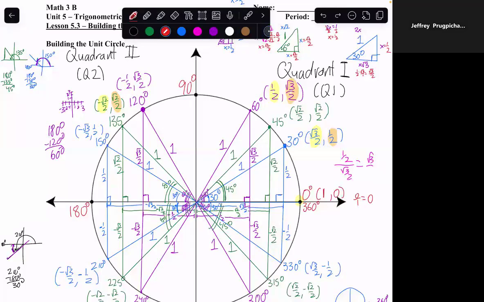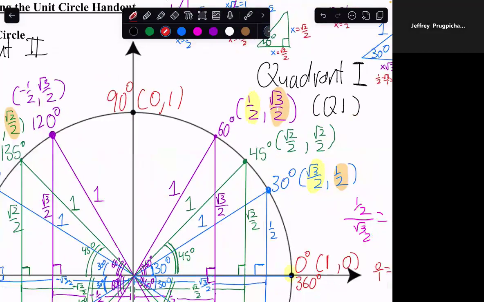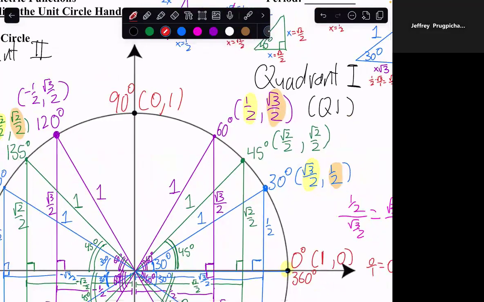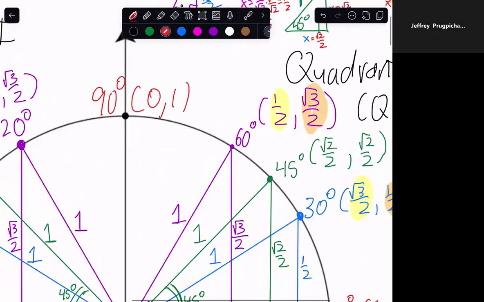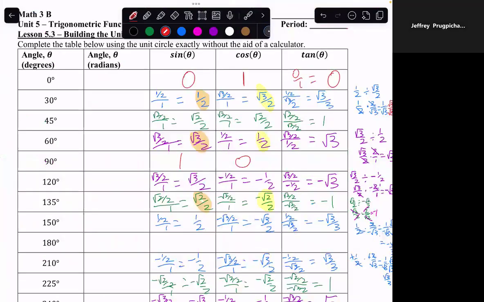So let me just make sure we did this correctly. 90 degrees is the point 0, 1. You go 0 left to right, but you go 1 full unit up. Okay, so remember the y coordinate is sine because it's up. Okay, so y is positive 1. Cosine is x, which is 0. And now tangent, so let's just write it here.